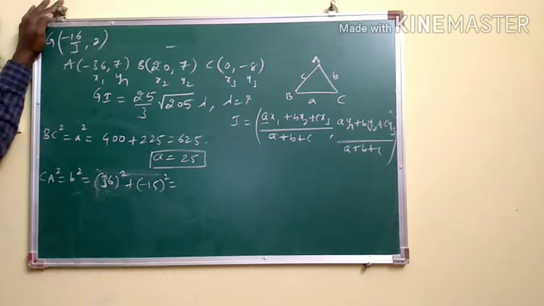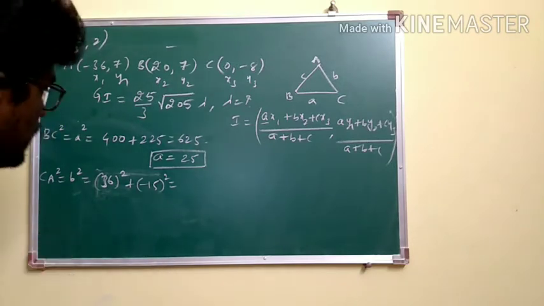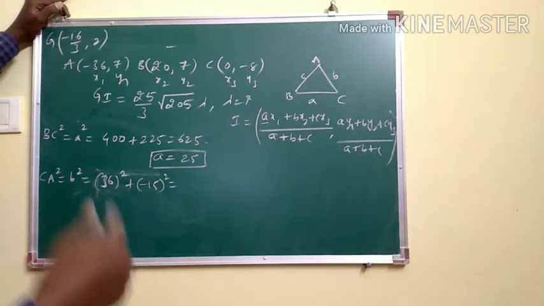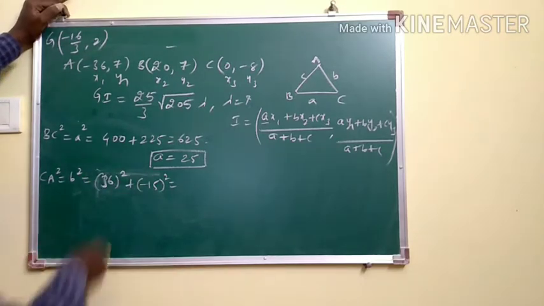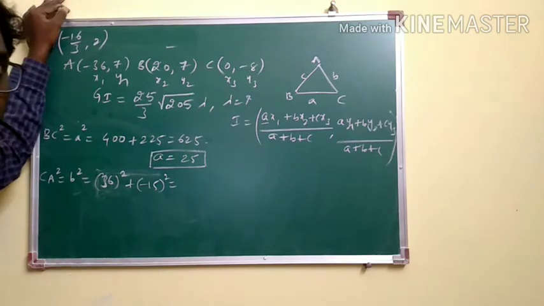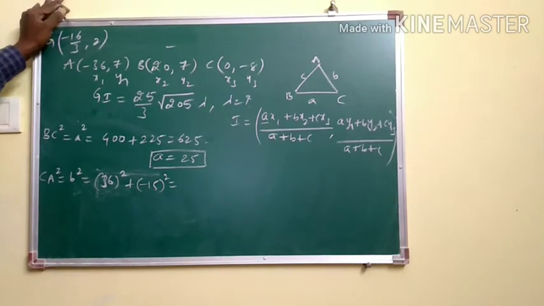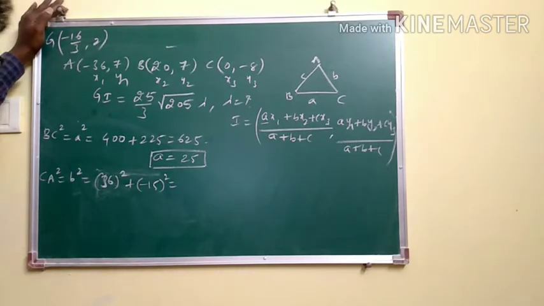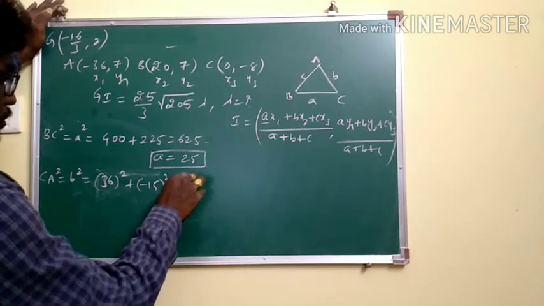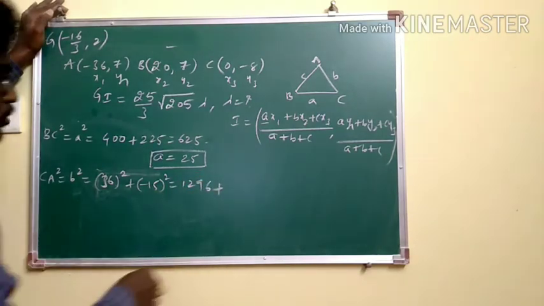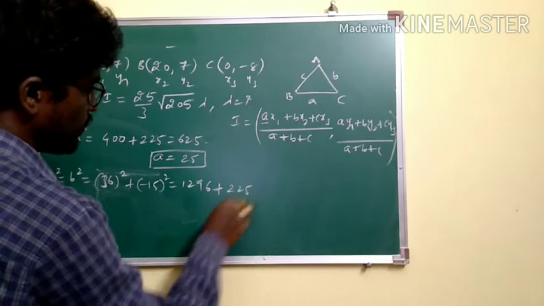See, when you are calculating such kinds of squares, you should be very careful. First you come to a conclusion about what particular value they are going to end with. Here we have 6 square, so the ending value is definitely going to be 6. So here 36 into 36 we are supposed to calculate. It is going to be something like 1296 plus 15 square. 15 square is 225.